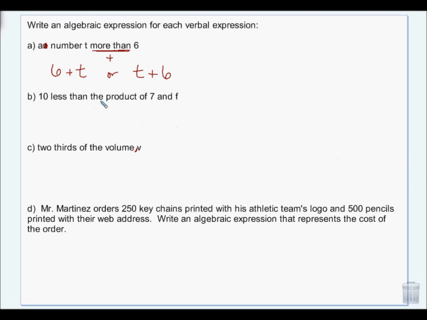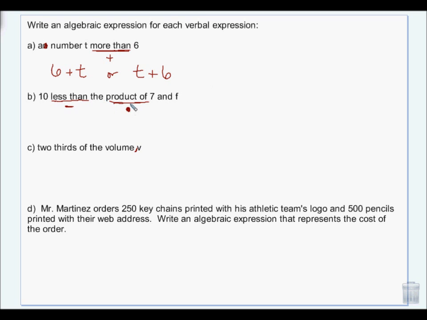10 less than. Okay, so less than is a key for subtraction. Product of, I'm going to use just a dot for multiplication because we'll be using x's. So from now on, multiplication is just going to be a dot or parentheses. So we have subtraction and we have multiplication.